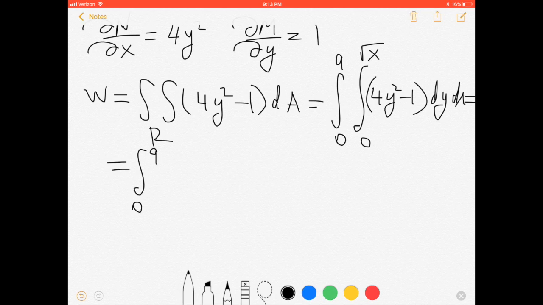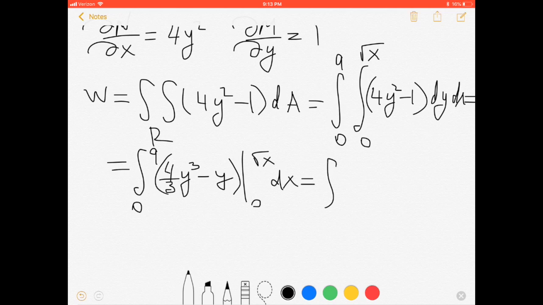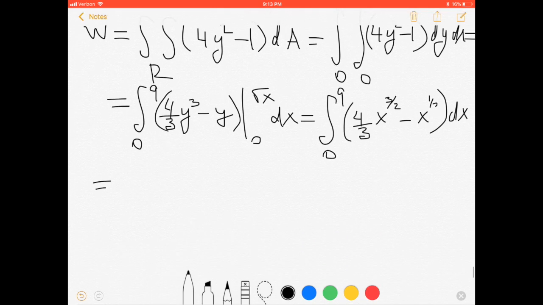This gives me the integral from 0 to 9 of 4/3 y cubed minus y, from 0 to square root of x, dx. Plugging in square root of x, we have the integral from 0 to 9 of 4/3 x to the power 3/2 minus x to the power 1/2 dx. I think this writing is more useful.